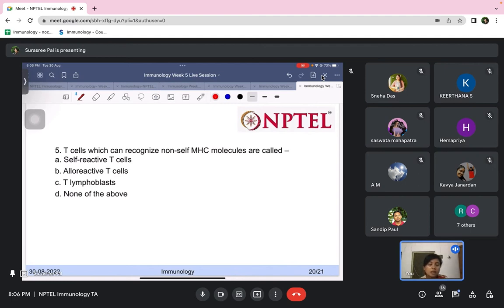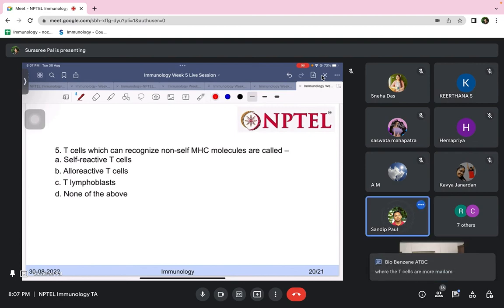Heart transplant and liver transplant are currently occurring in the medical field, and there are several ways by which you can bypass this kind of alloreactivity. Later on we will have lectures where transplantation will be discussed.